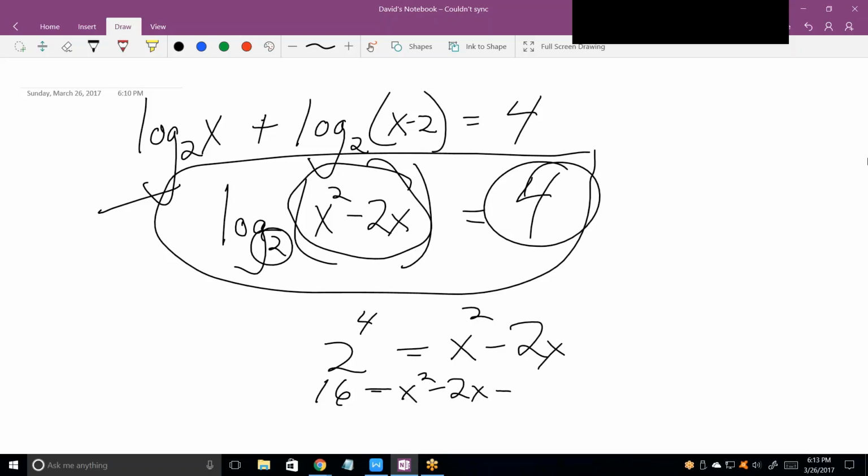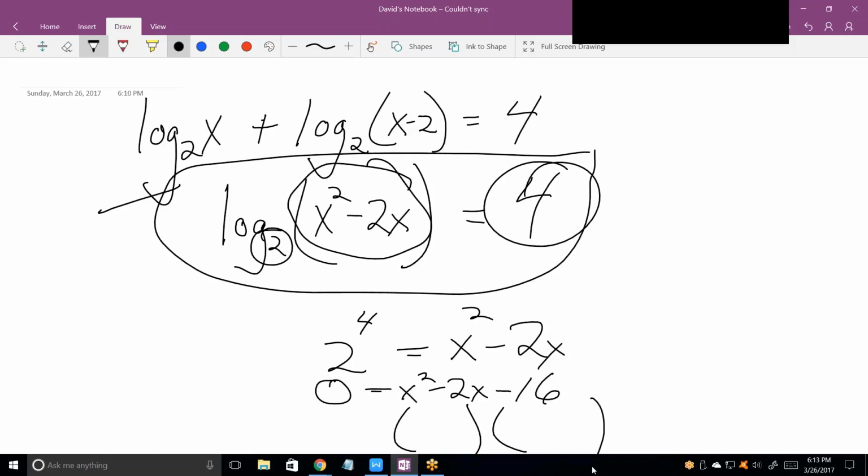We'll move the 16 to the right side because it's a quadratic. That's what you always do, is you put 0 on one side and the rest on the other. Now, does that factor? Gosh, it doesn't. Ah, come on. No wonder she blanked them out. She didn't mean to give us one where you had to use the quadratic formula. That's ridiculous.